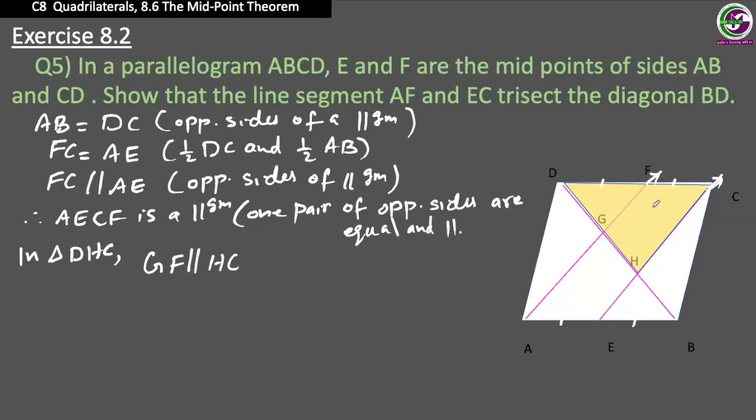And by the inverse of midpoint theorem, we can see that G is the midpoint of DH. Because the inverse of midpoint theorem says that a line passing through the midpoint of one side of a triangle parallel to the third side bisects the second side. So we can say DG is equal to GH by inverse midpoint theorem.